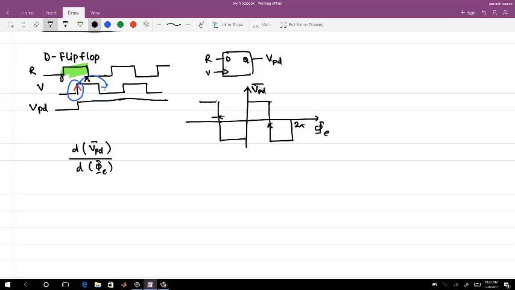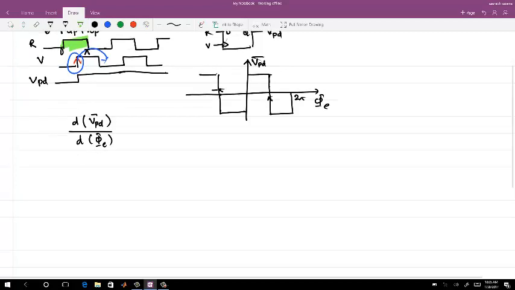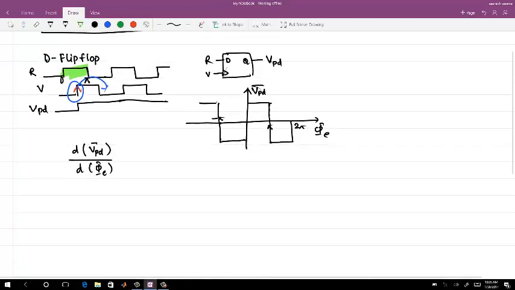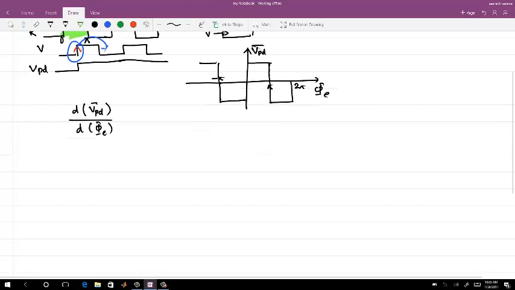Can anyone say, if you have seen it before, whether in the presence of noise in the system the gain of this phase error detector changes? Let me put the argument in a more clear manner.